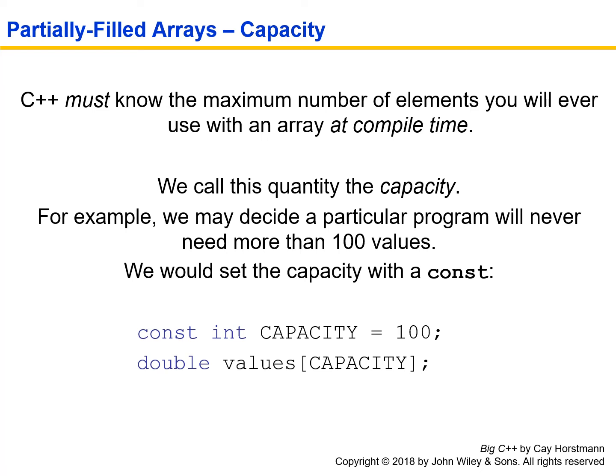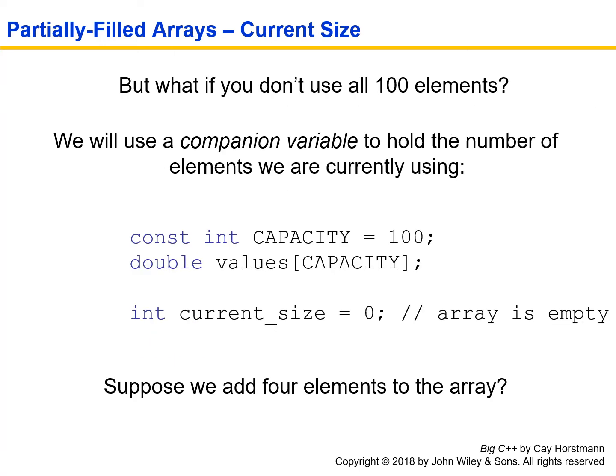In computers that have as much memory as most computers today do, it's pretty safe to make your capacity rather large. So we could make the capacity for our grade tracking program 100 and know that we're never going to get anywhere near 100 grades. If we do that though, we need to use a second variable called a companion variable that holds the current size of the array, the number of elements in the array that we're currently using.